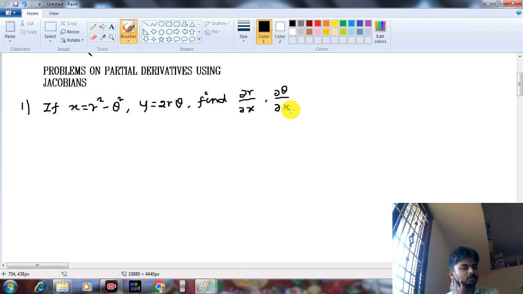So using Jacobians is what this problem actually needs.